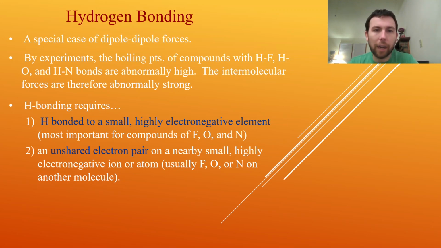So you've got hydrogen bonded to either an F, O, or N, and then there needs to be an unshared electron pair on an F, O, or N on an adjacent molecule that can interact with it. And hopefully on the next slide, when you look at some examples, that'll be a little bit clearer.